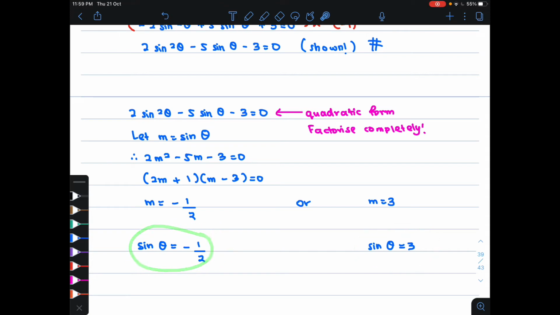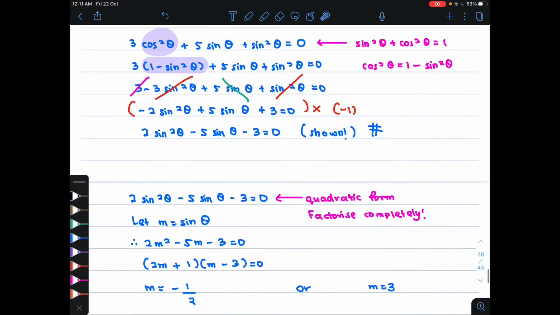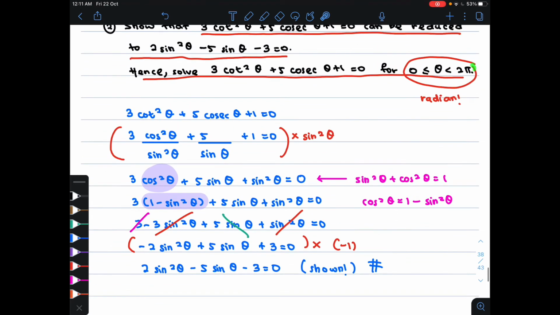Sine theta equal to negative half is a linear form, so we will apply CAST. For range, if you look at the question, theta is between 0 and 2 pi.